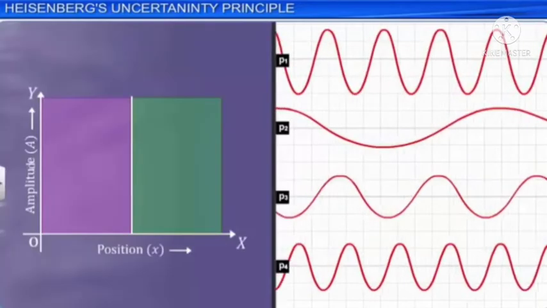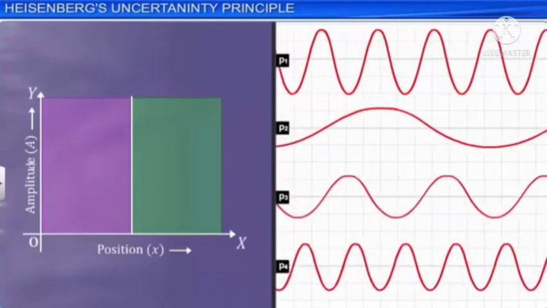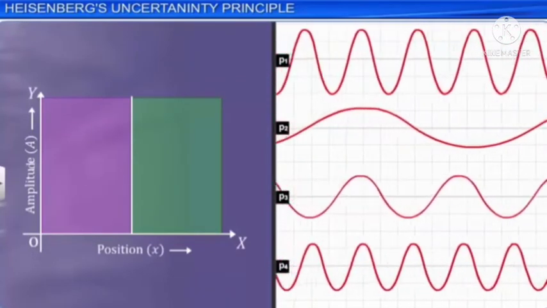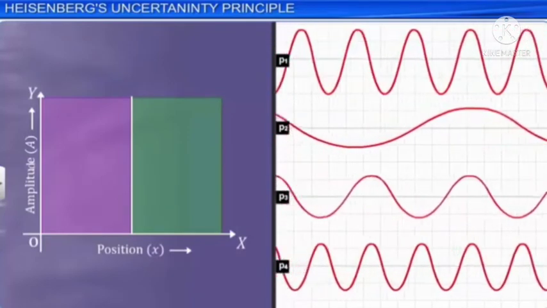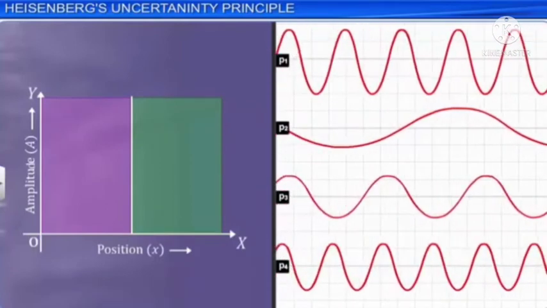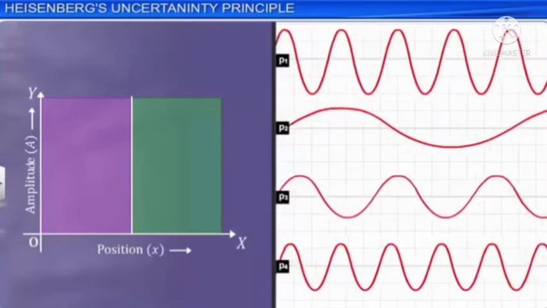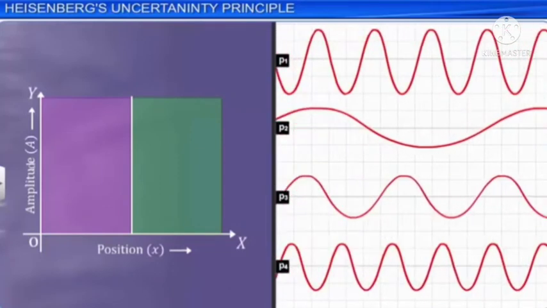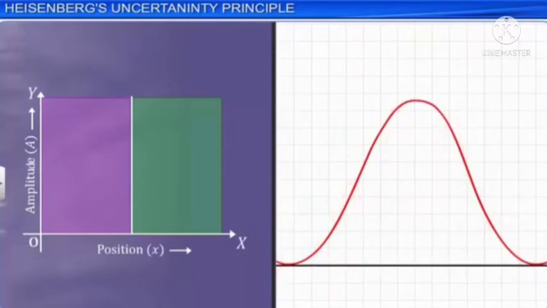It is also important to remember that each wave function represents a component of different momentums for the particle in the one-dimensional space considered. That is, along the x-axis. Now, if we consider a number of such wave functions, each with a different de Broglie wavelength, superposing each other, it results in a wave function as shown.